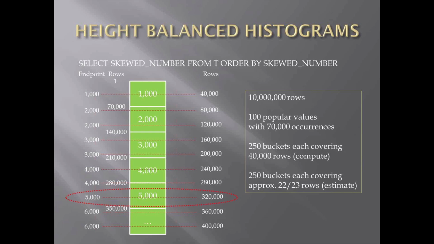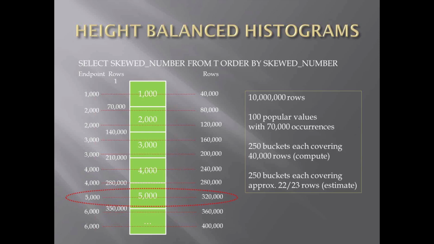Notice that height balanced histograms, I forgot to mention here, you can see that this problem is caused with this 5,000 value. 5,000 is unlucky because 5,000 will only show up once for these buckets. So 5,000 is not popular, and therefore it gets treated the same as any other unpopular value.